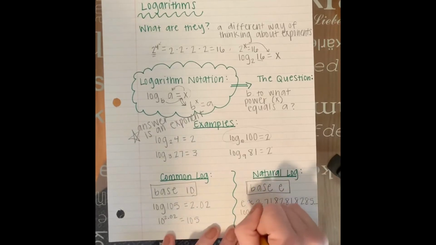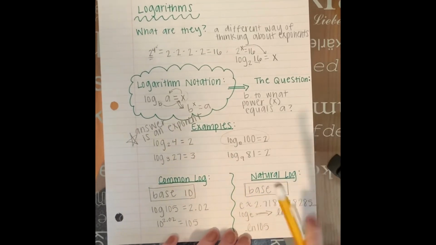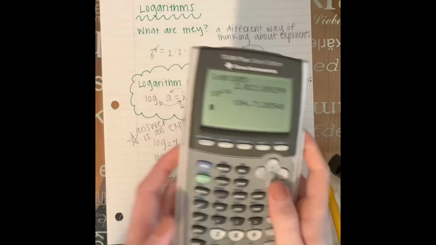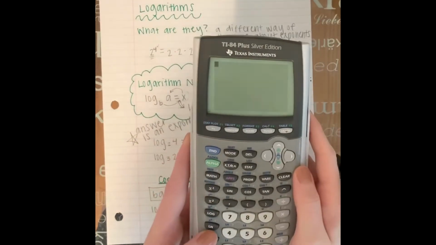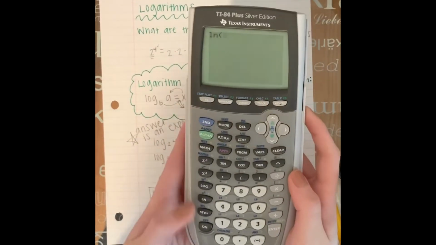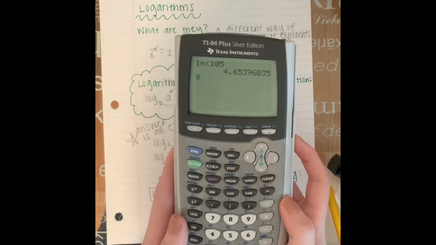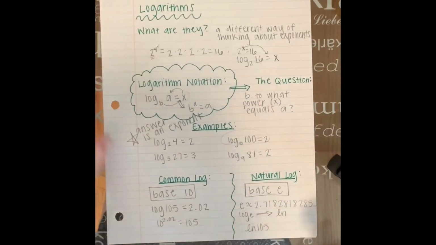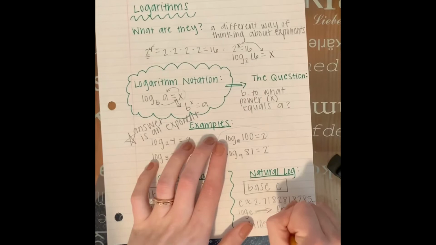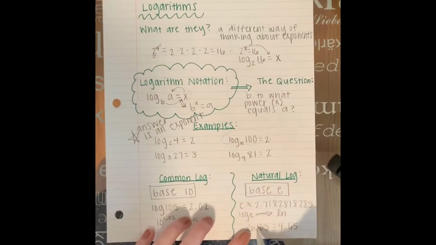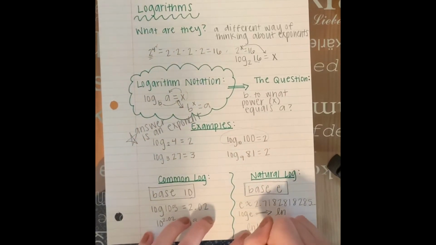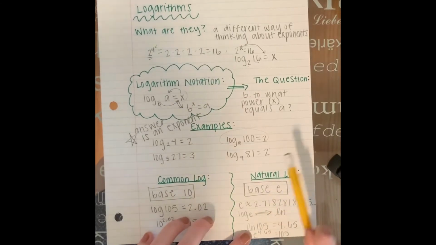So if I do ln of 105, look on your calculator for the ln button. You have one. Should be right here, right under log. ln of 105 should be 4.65. And what that's saying is e to the 4.65 power equals 105. Well, let's see if that's true.